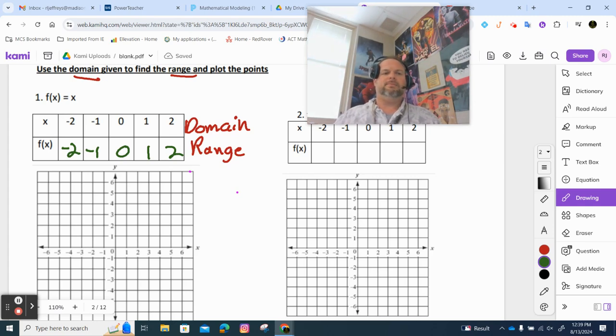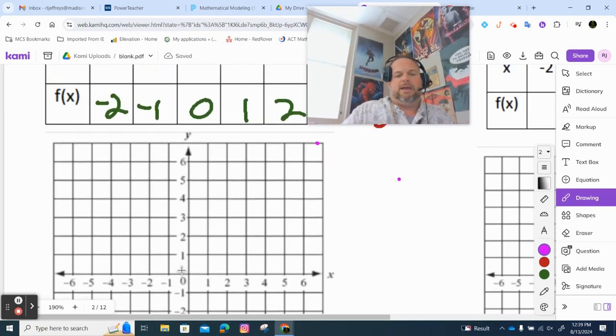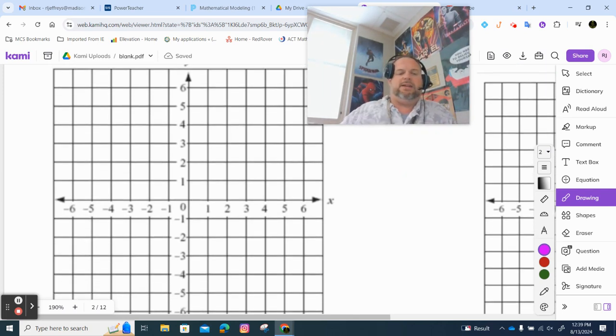Okay. All right. So we start at 0, 0 each time, at the origin. Okay. So we have to go -2, which is to the left, and then down 2, and then we make a dot.